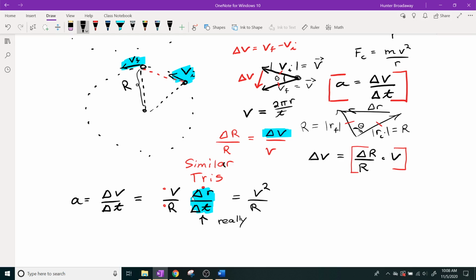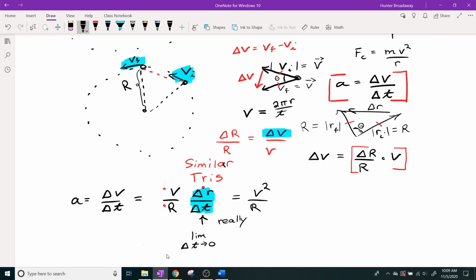If you are in calculus, what we just did was take a limit as delta t approaches 0. That's supposed to look like a triangle, but it kind of looked like an eyeball. The limit as delta t approaches 0 means you're looking for the derivative.